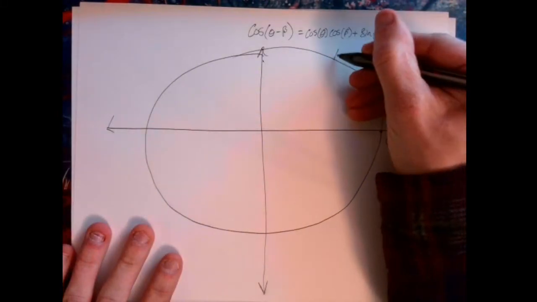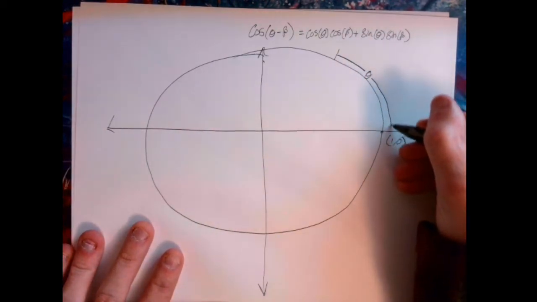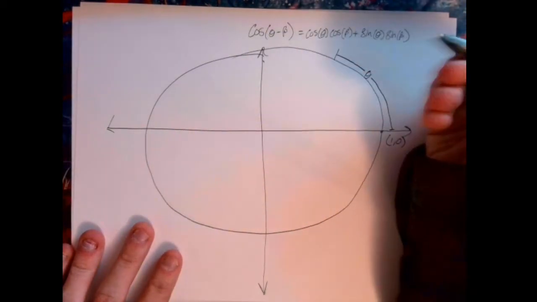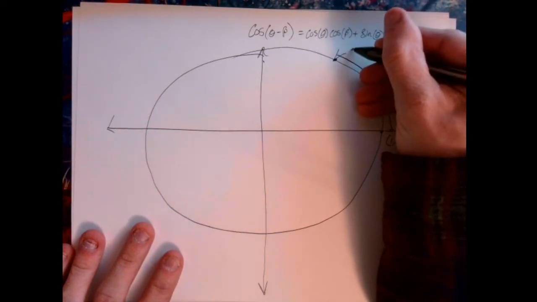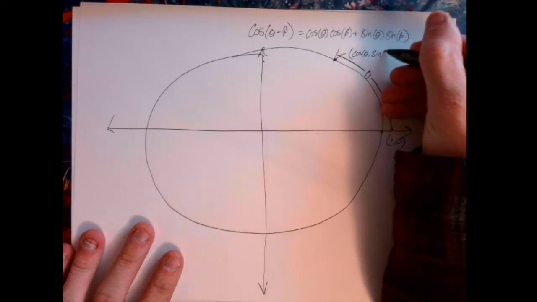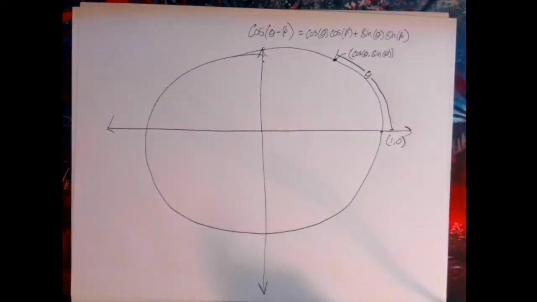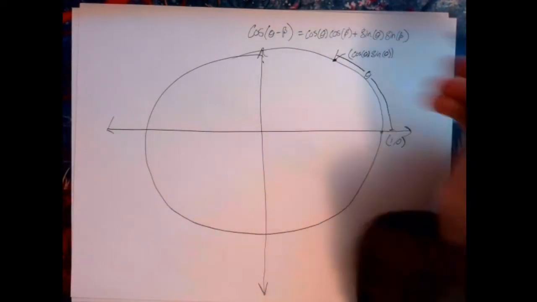If we have angle theta, and here on the graph, we'll say this point right here is going to be (cosine of theta, sine of theta), right? Because if we remember from the Pythagorean identity proof, we can write the coordinates with the trig functions. So we'll say that is (cosine of theta, sine of theta).